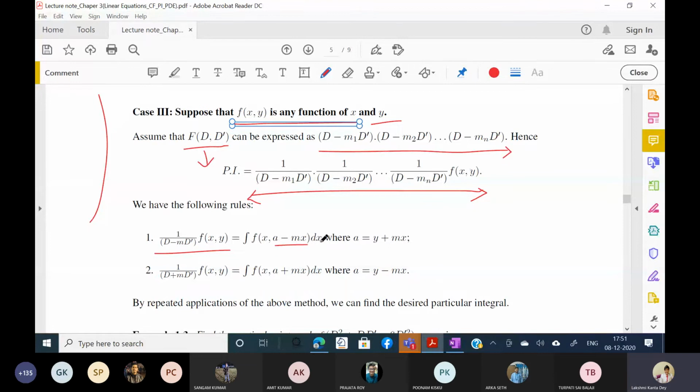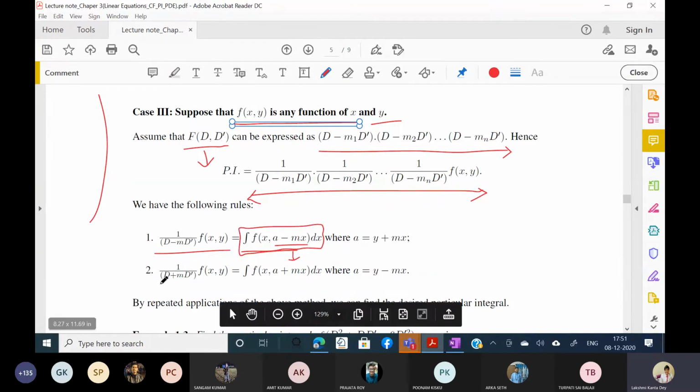Then with respect to x, we have to integrate. Then ultimately, this is a single integration. Similarly, 1 by (D plus m D') f(x,y), its meaning is that we have to integrate f of x, instead of y, we have to write a minus mx. Where a is equal to y plus mx, that means y is equal to a minus mx.